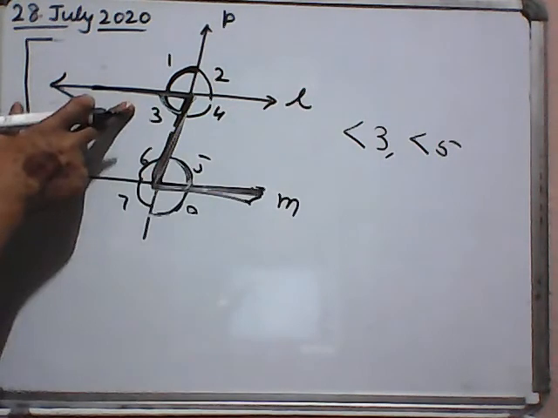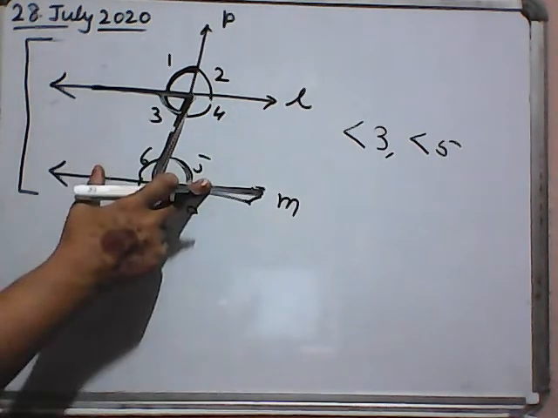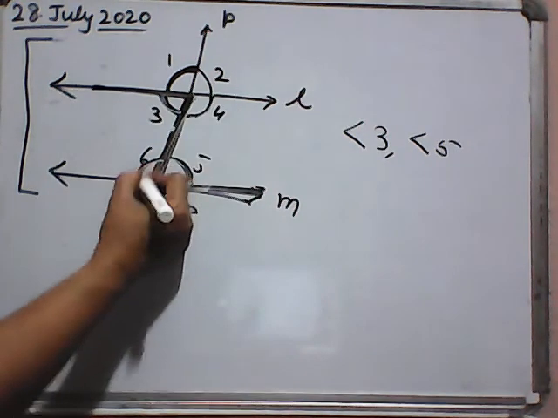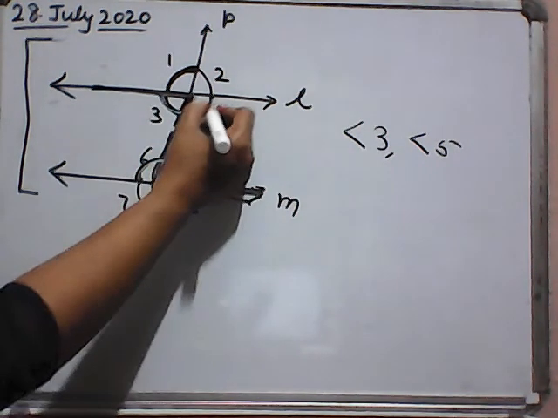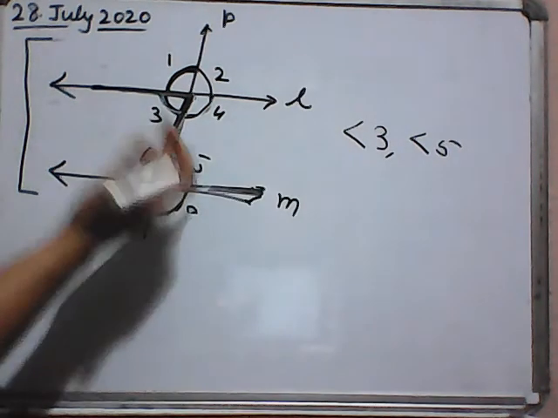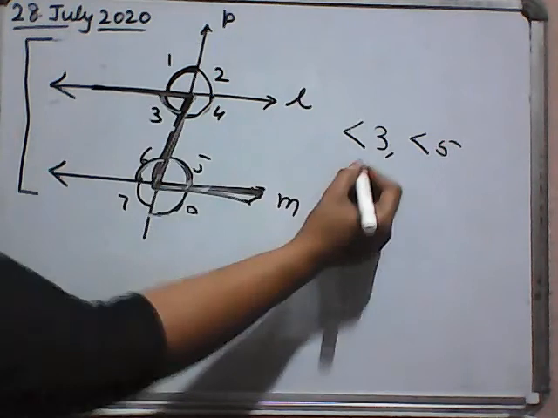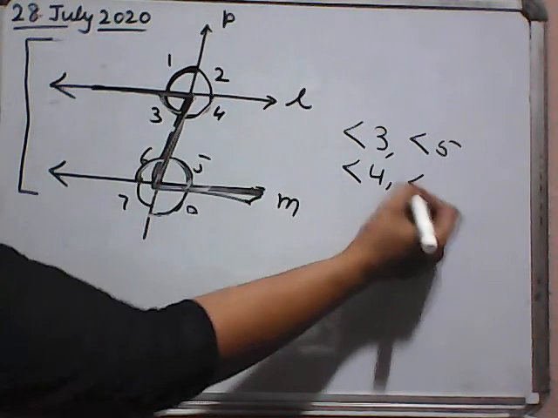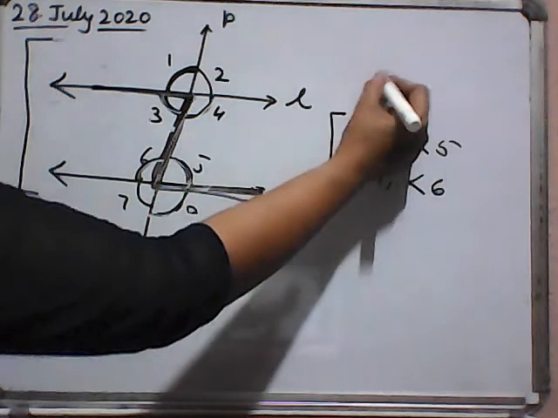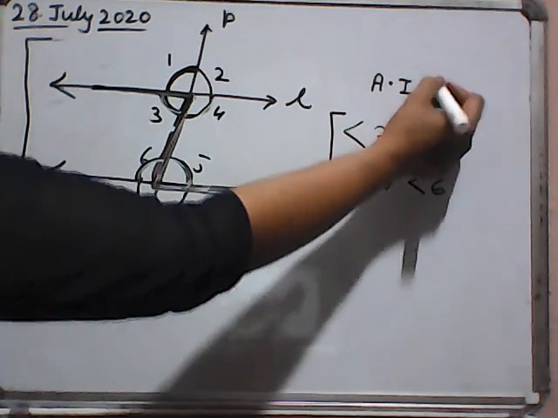Inside means interior. Now angle 4 and angle 6 are alternate angles, as these are on the opposite side. Angle 4 lies to the right side, angle 6 lies to the left side of the transversal. So angle 4 and angle 6 are alternate interior angles.